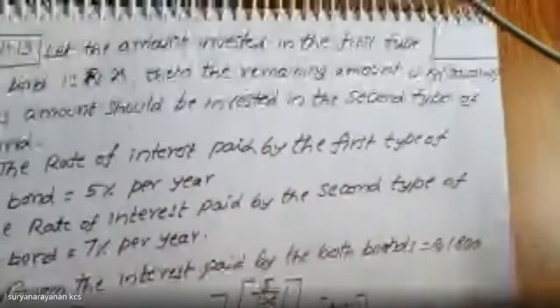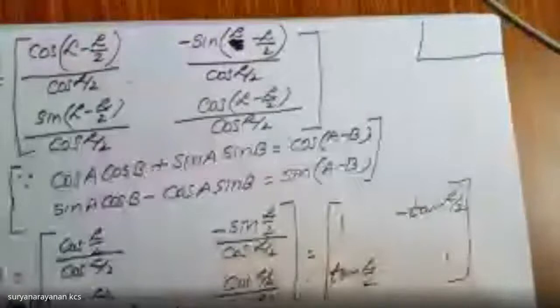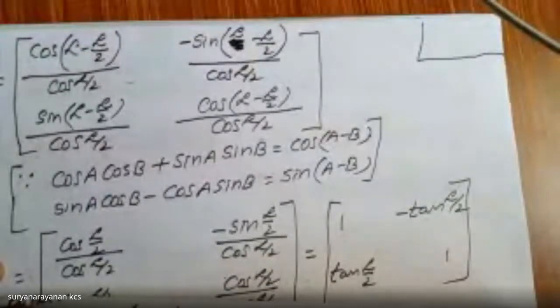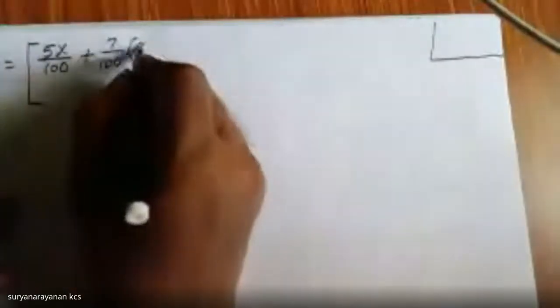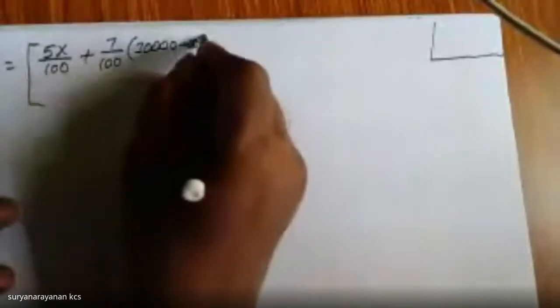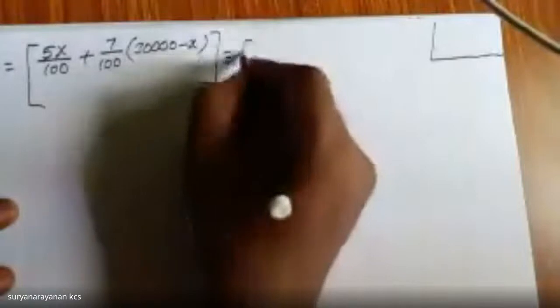Then what will you get? x into 5 by 100, that is equal to 5x by 100, plus 7 by 100 into (30,000 minus x) is equal to 1800.